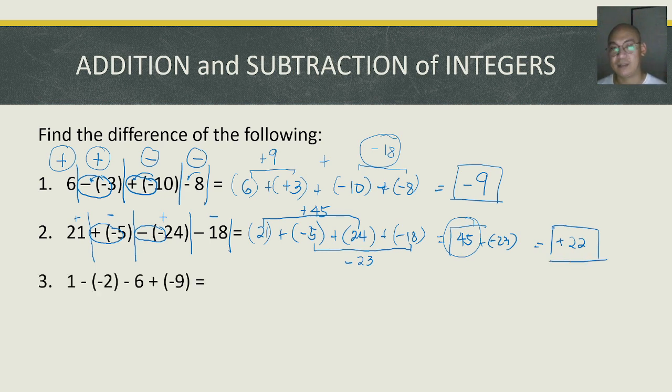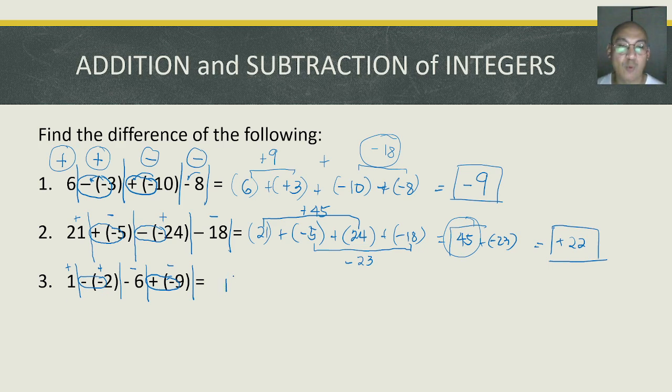Number 3, try more. So let's adopt the sign of 1 and that is positive. 2, we have 2 same signs and that is positive. 6, we only have 1 sign, negative, so negative. 9, we have 2 signs, different signs, and that is negative. So let's get their sign.